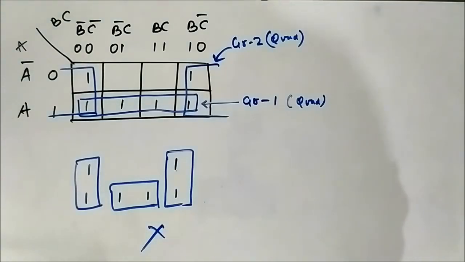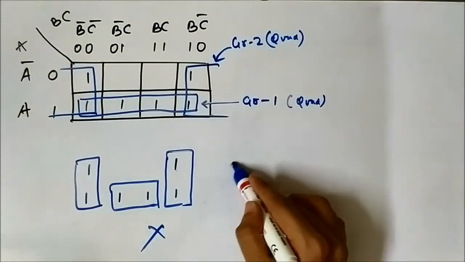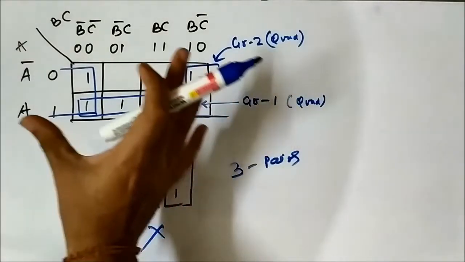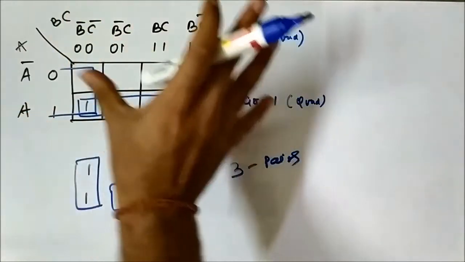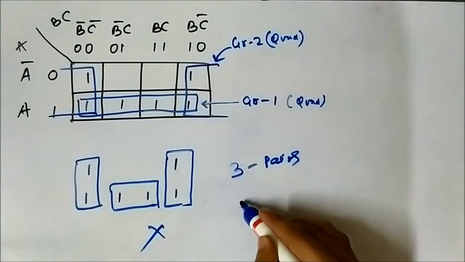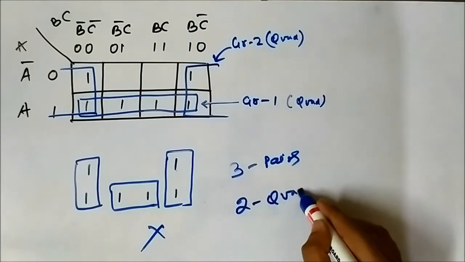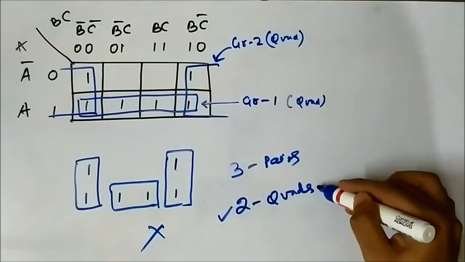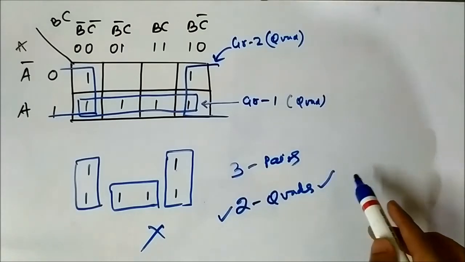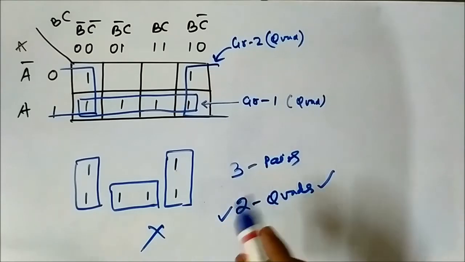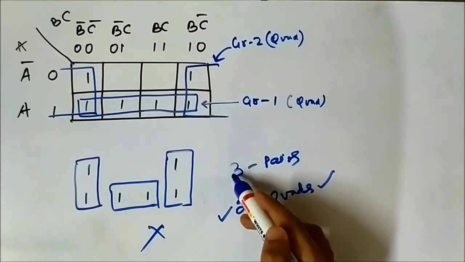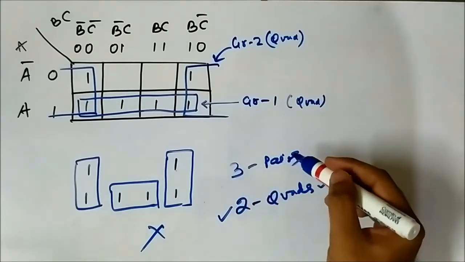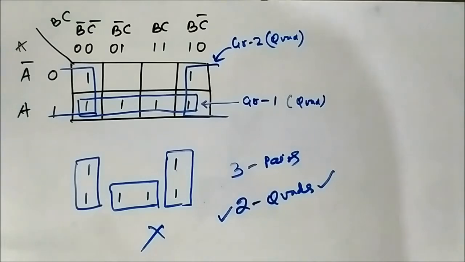It is wrong because unnecessarily you are forming 3 pairs, where the whole cell coverage can be done using 2 quads. So the 2 conditions, minimum number of groups and maximum elements in a particular group, have to be satisfied. Here you are unnecessarily forming one extra group, and also the pair contains fewer cells in a particular group.